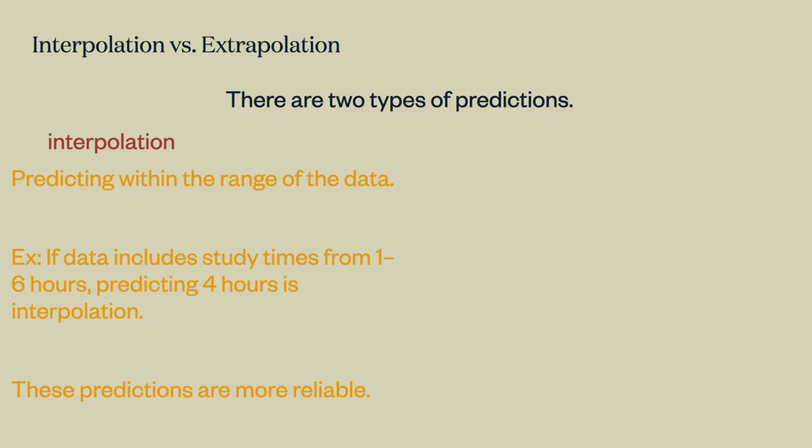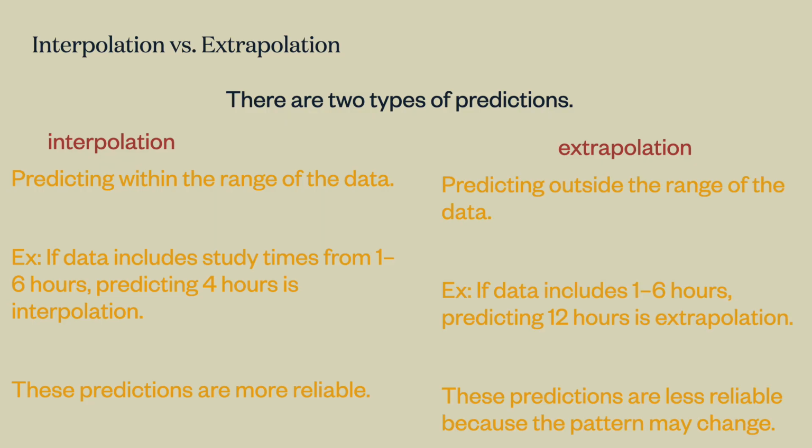These predictions are pretty reliable because I am predicting within data that I've actually collected. The other kind of prediction is something called extrapolation. And extrapolation is whenever I go outside the range of data. Again, assuming I have collected data from students studying for 1 to 6 hours, and then I said, predict what the score would be for a student who studied for 12 hours.